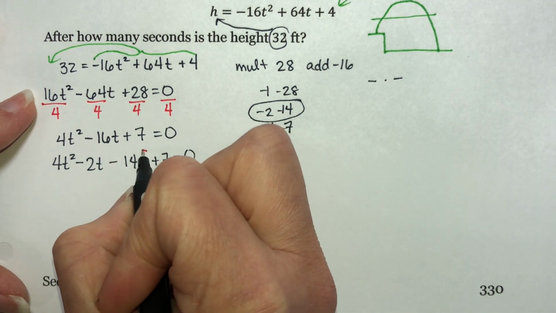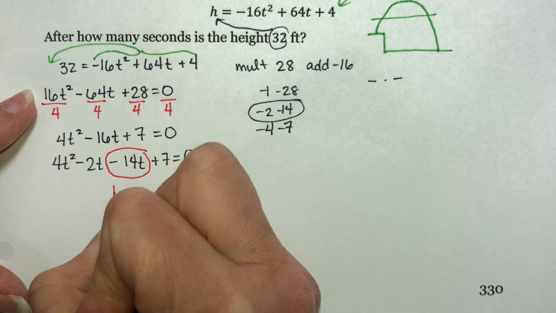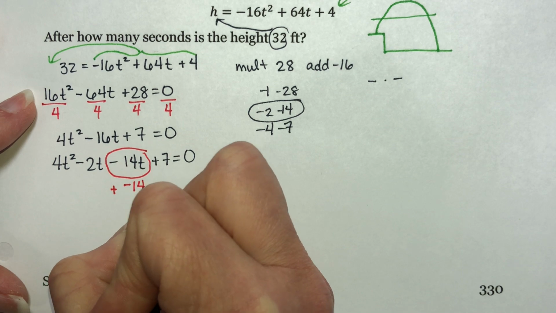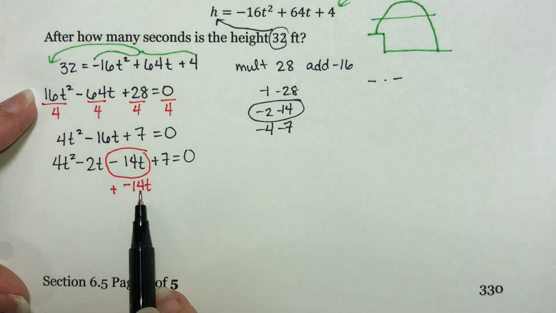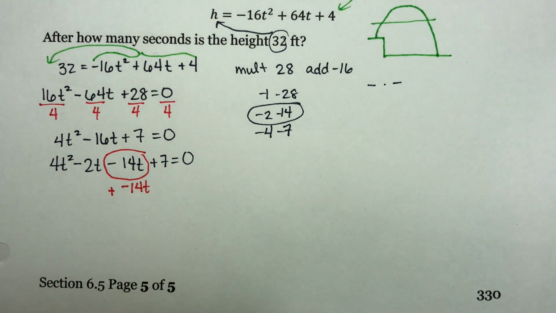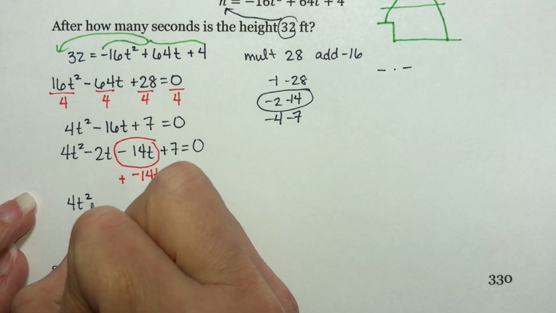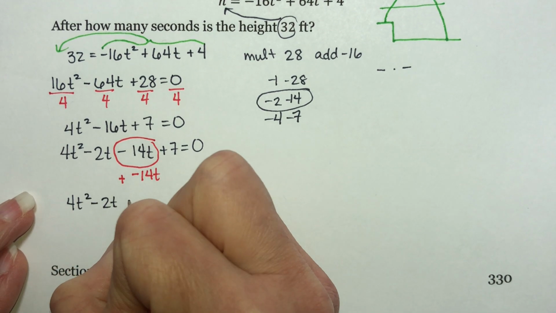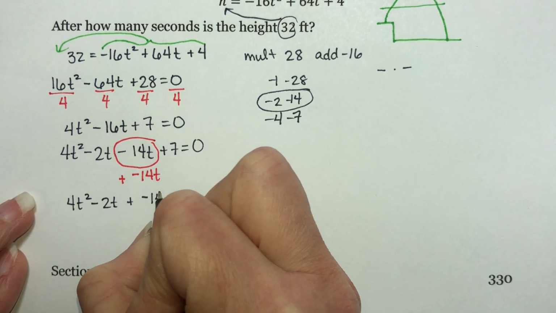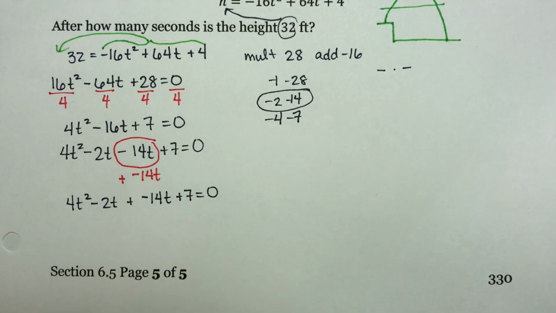So what I'm going to do is change this right here, minus 14t, to plus negative 14t. You know that's the same thing. Plus a negative is the same thing as a minus. When I do that, I get 4t squared minus 2t plus negative 14t plus 7 equals 0.